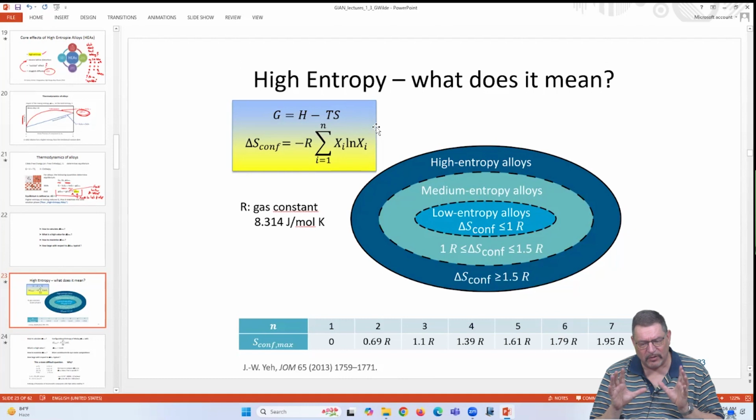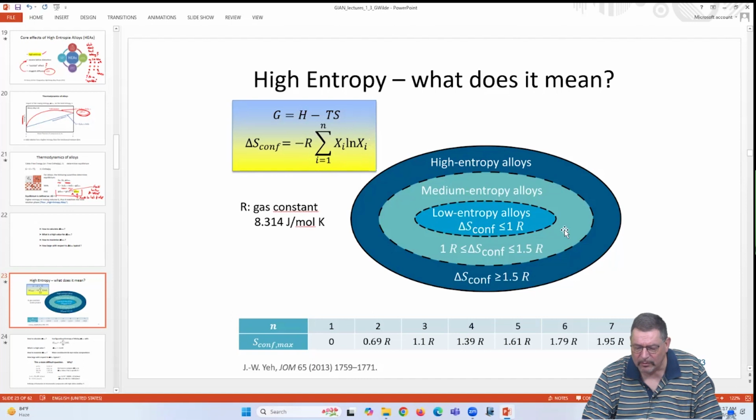But for high entropy systems, when we take the number of constituents as a design element, then the configurational entropy is important, and we calculate it as a product of the gas constant multiplied with a summation term, which goes from 1 to the number of constituents, and it's basically the molar fraction of each constituent times the natural logarithm of this molar fraction. This comes, as you know, from the Stirling approximation on statistical entropy.